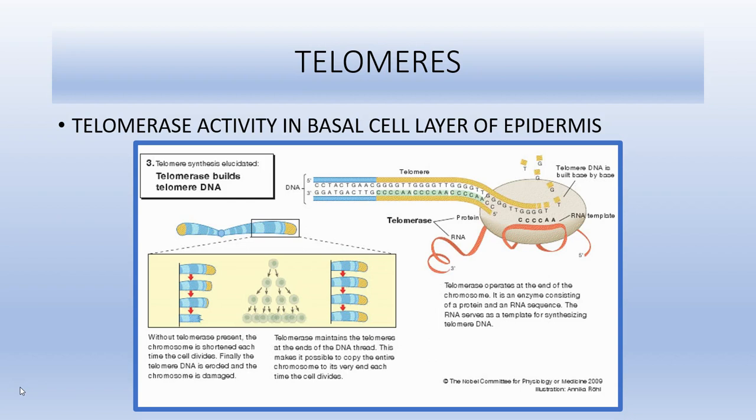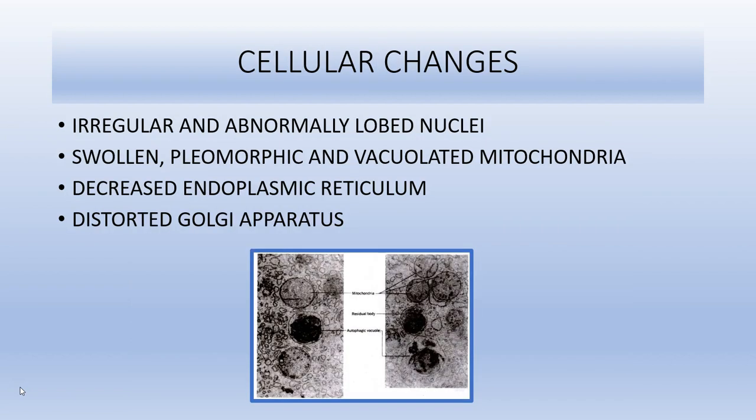We also have, over time, some loss of telomerase activity, which is necessary in order to maintain the telomere. Again, these are fixed basal units, and we find that most telomerase activity is primarily maintained in the basal cell layer of the epidermis, but is not found in the dermis and other areas.